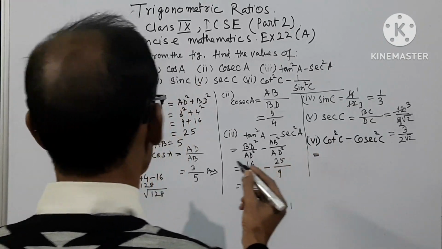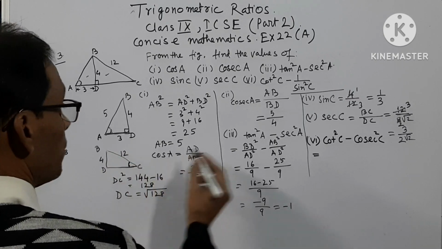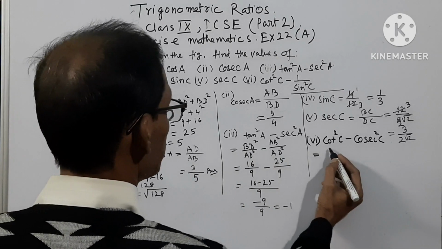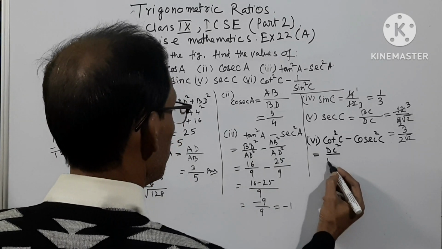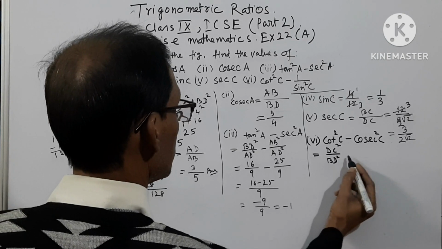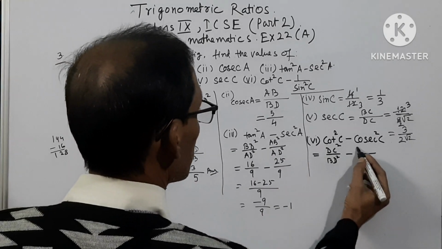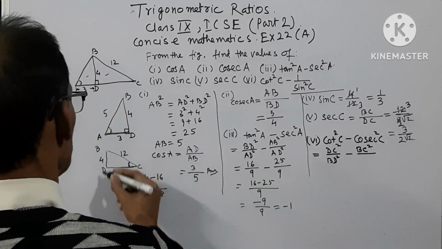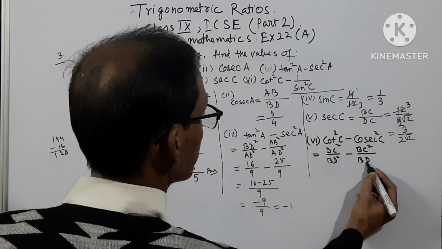Now cot C will be base upon perpendicular. That means DC square by BD square minus cosec, hypotenuse square by perpendicular square.